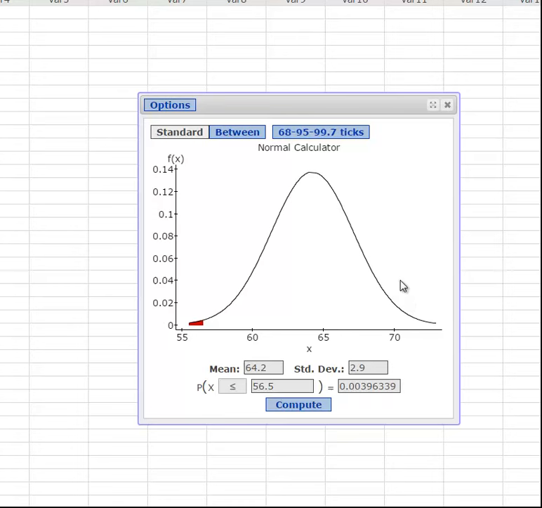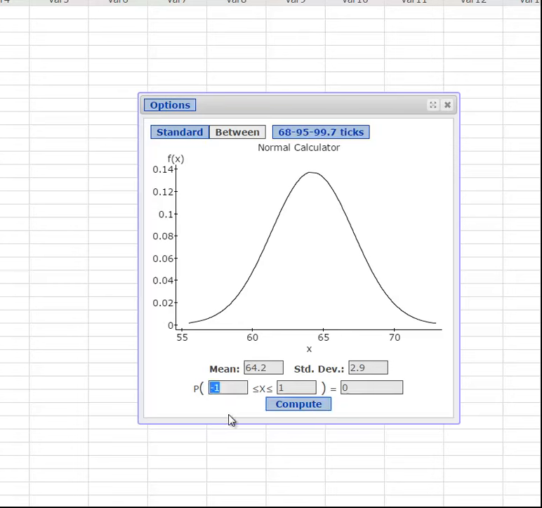Now part B asked for the probability of selecting a woman whose height is between 61 and 67 inches. So what I want to do is click on Between. It's going to keep the mean and standard deviation there.